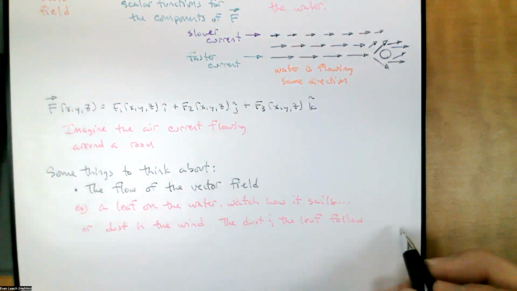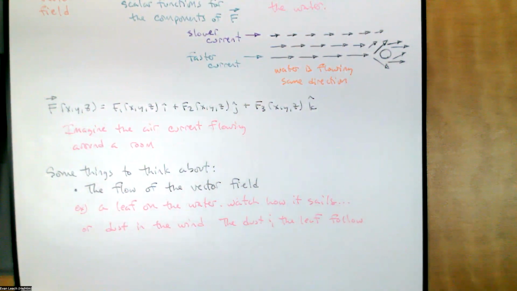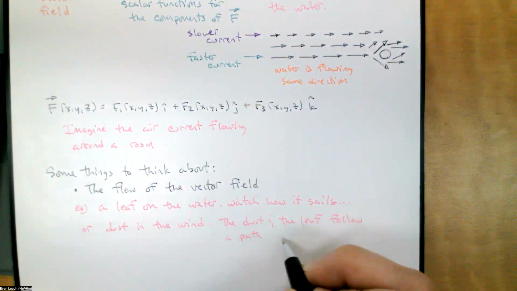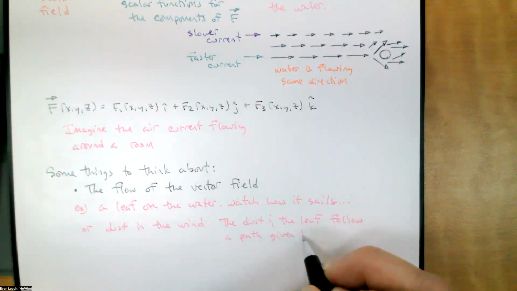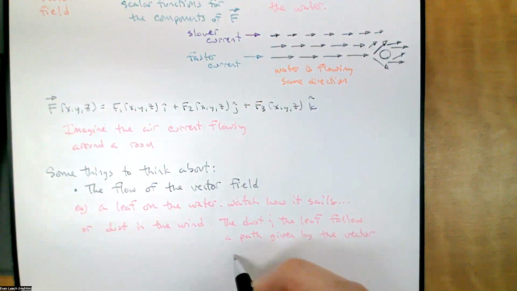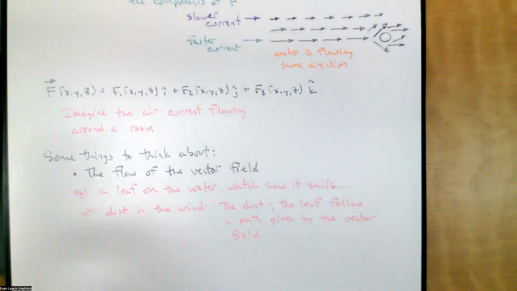So the dust and the leaf follow a path given by the vector field. That's one of the things that we're going to think about.